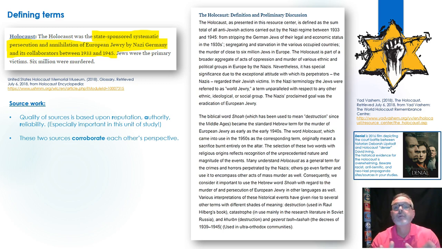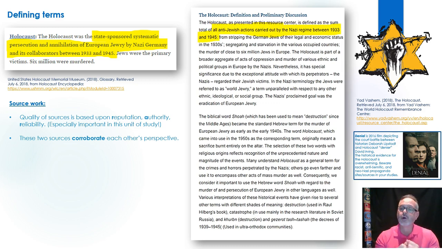The US Holocaust Memorial Museum indicates this is the Holocaust by their definition. State-sponsored systematic persecution and annihilation of Jews in Europe by Nazi Germany and its collaborators between 1933 and 1945. Would Yad Vashem say a similar thing? Well, yes, it would.